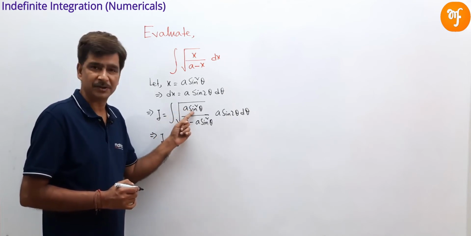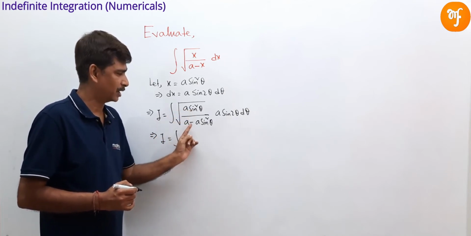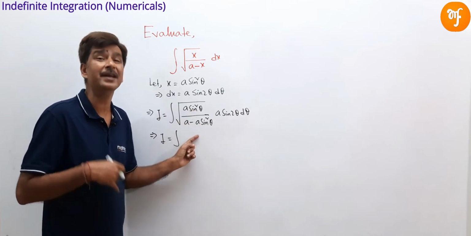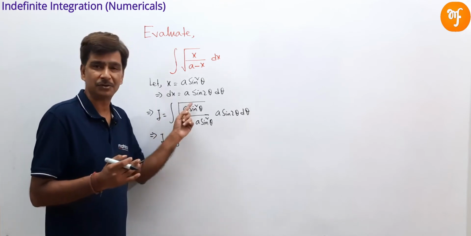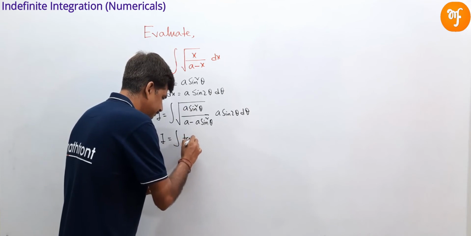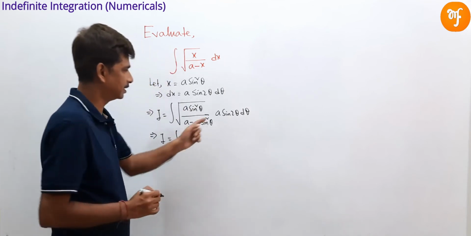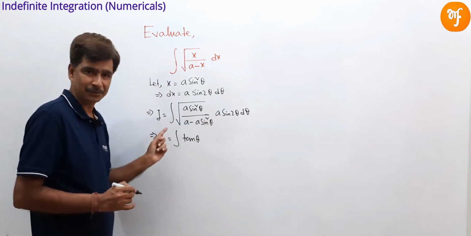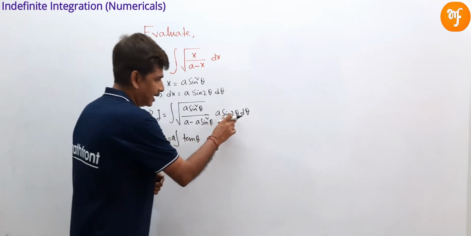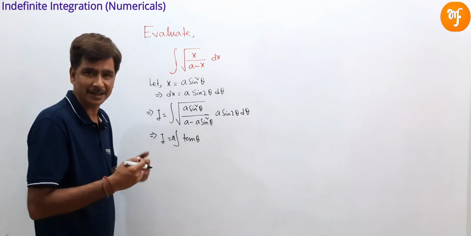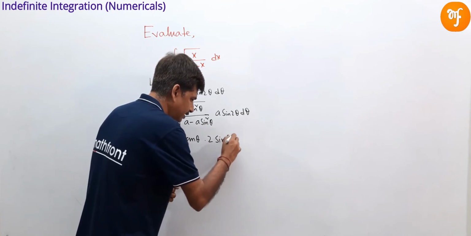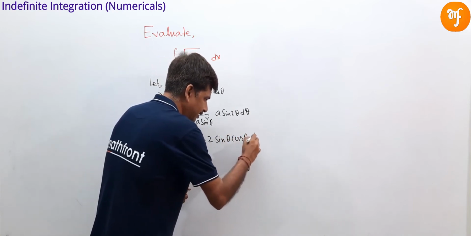The numerator will be sin square theta and the denominator will be 1 minus sin square theta, which will be cos square theta, and sin square theta by cos square theta will be tan square theta. Square root of tan square theta becomes tan theta. So we are writing here tan theta, and a can come outside. So a into integration of tan theta, and sin 2 theta can be written as 2 sin theta cos theta. So we are writing 2 sin theta into cos theta d theta.